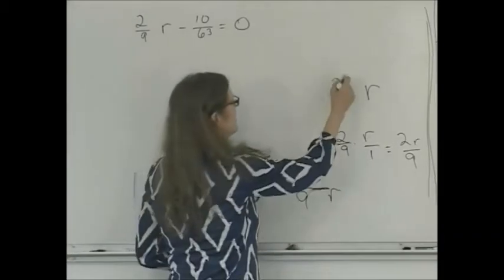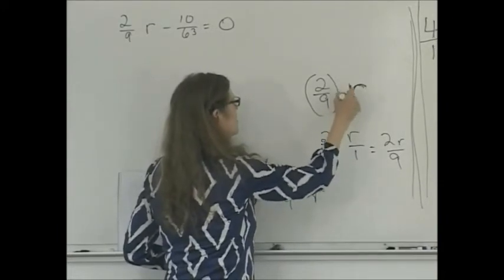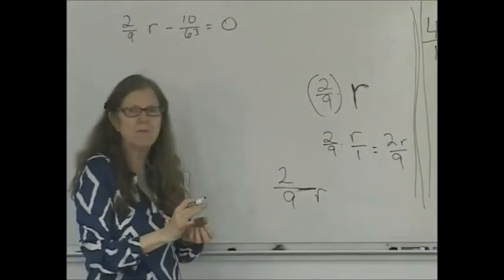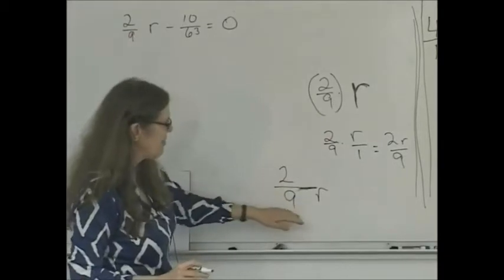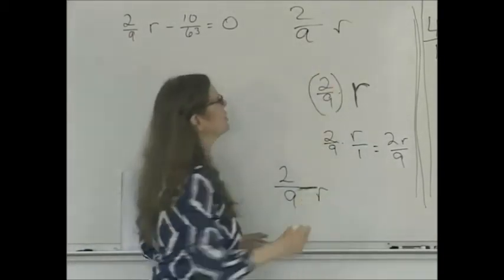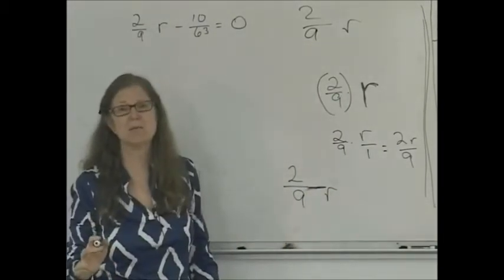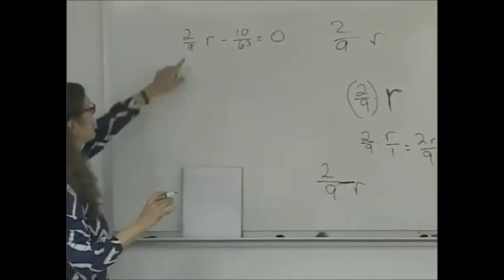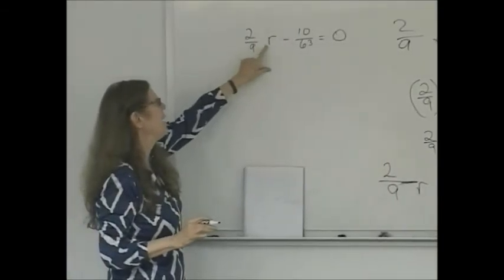So as this is, it's 2/9 times r, right? But if I want to put it all into a fraction, the r goes in the numerator, not the denominator. And if you write it quickly, 2/9 r, it can look like it's in the denominator. So just a word of caution on how you write things out. I thought of that because I didn't make that r that big.